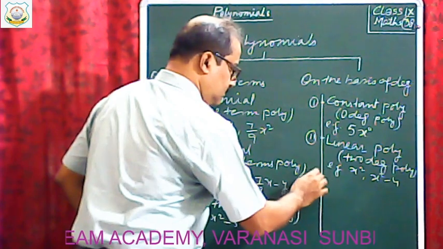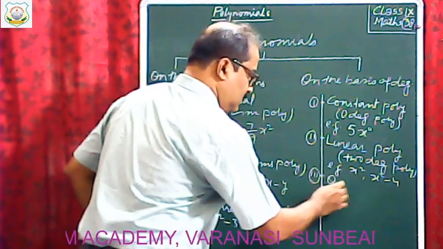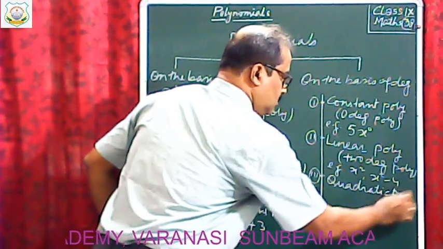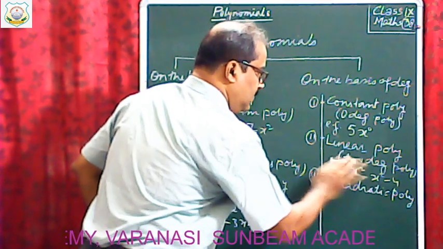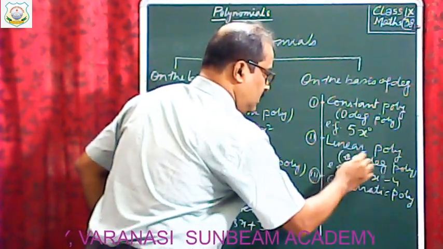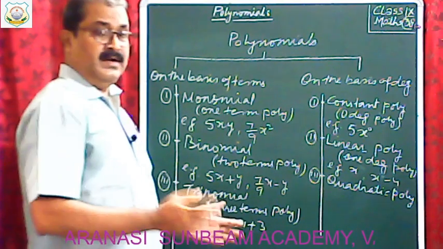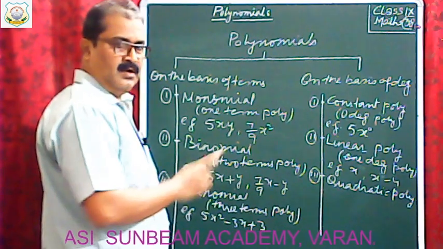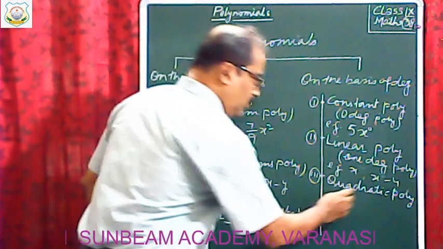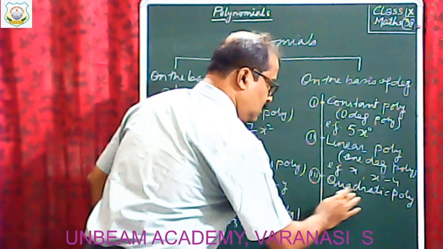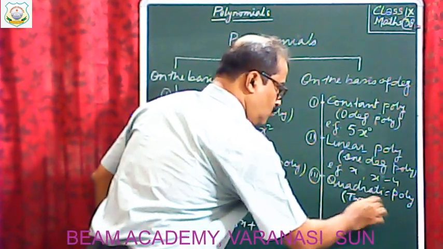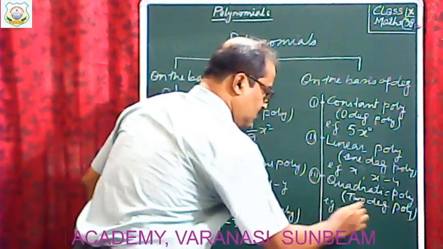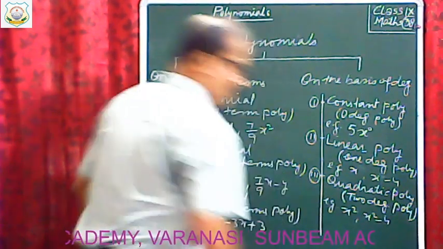Third, quadratic polynomial. Sorry, linear means a 1 degree polynomial. Linear polynomial means a 1 degree polynomial, suppose x or x minus 4. So the degree of the polynomial is 1. In a quadratic polynomial, the degree is 2. For example, x square or x square minus 4, whatever.